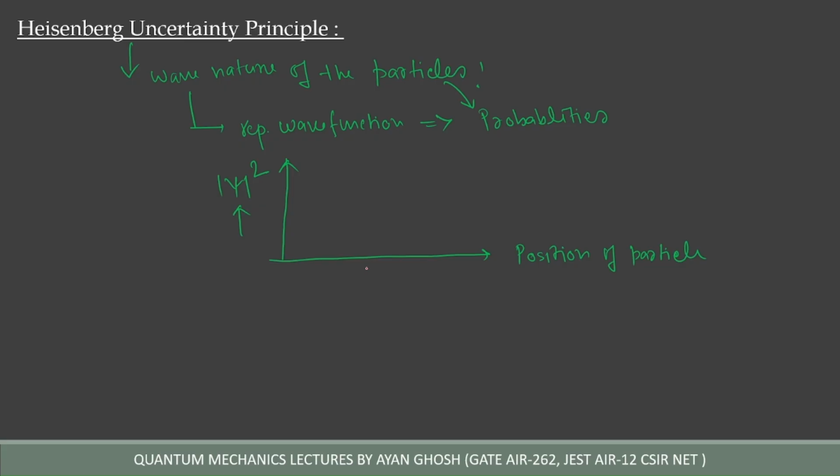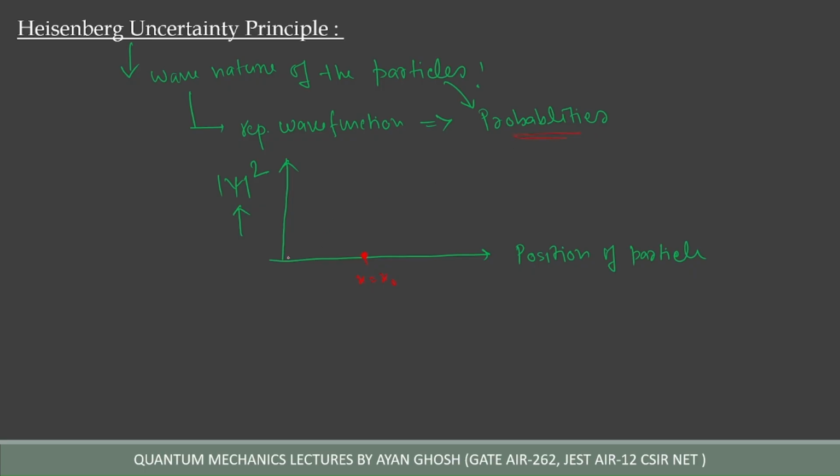There is no uncertainty. Let's say the position of the particle is at x equal to x0. Then the particle is here. It is fixed. But quantum mechanically, we cannot represent the particle just like this, because the particle has wave nature and it is represented by probabilities.